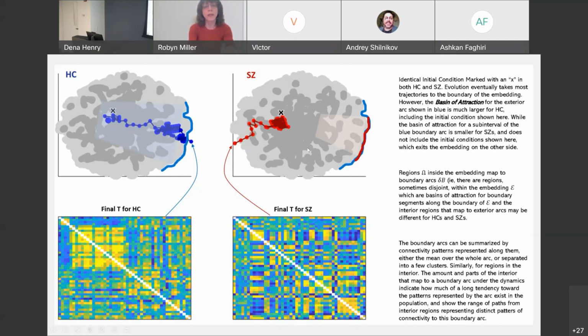And if we were, for example, to ask what the basin of attraction is, this point X is clearly in the basin of attraction for this boundary curve. For schizophrenia patients, you can actually find a basin of attraction for the same boundary curve, but it's smaller. So you have to be much closer to be sucked into that one. Anyway, I see us being able to get some forward motion from further developments along these lines. It's just something we haven't been able to do before.